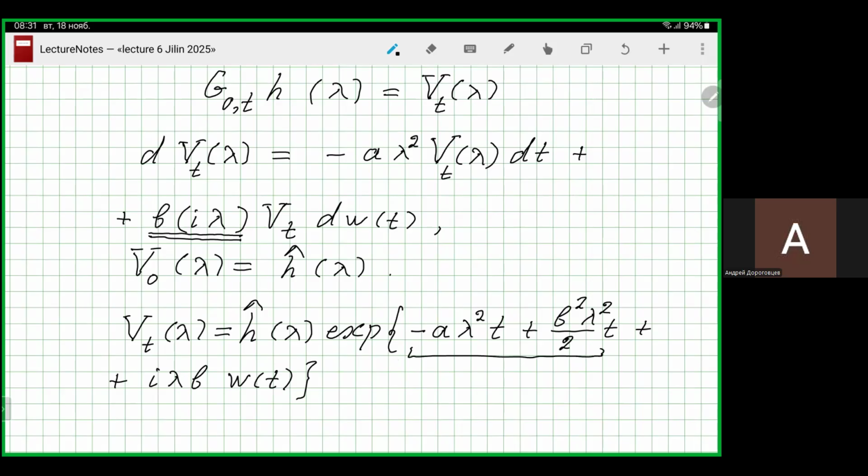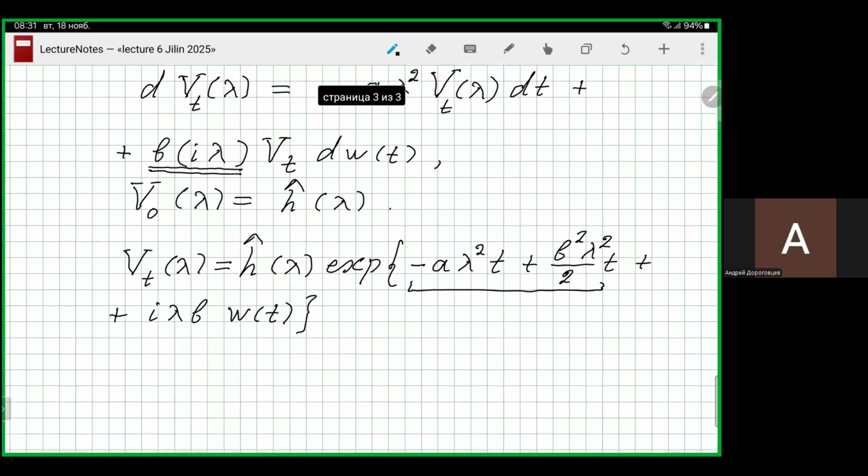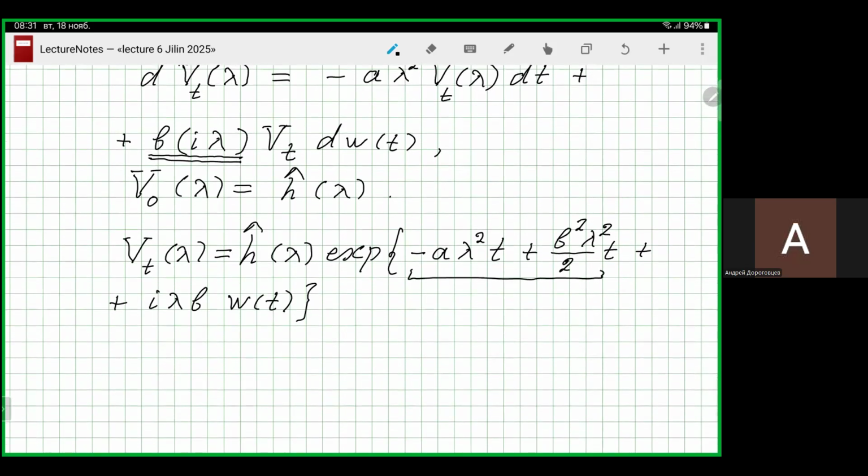We have different cases. The first case is the following.